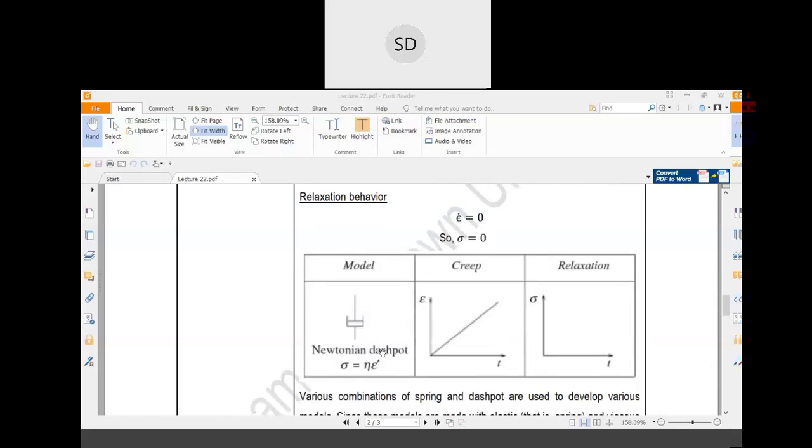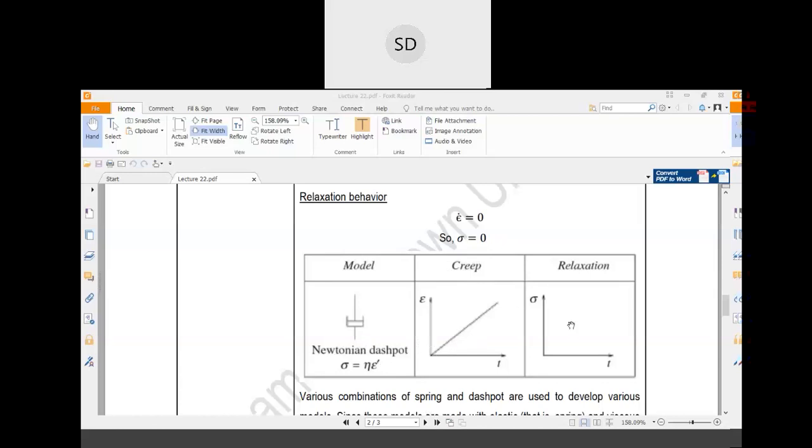If you model this, that is the Newtonian dashpot. As the dashpot represents the viscosity, the Newtonian dashpot is the dashpot which follows Newton's law of viscosity. Now that would be the graph for the creep condition: the strain constantly changes with time.